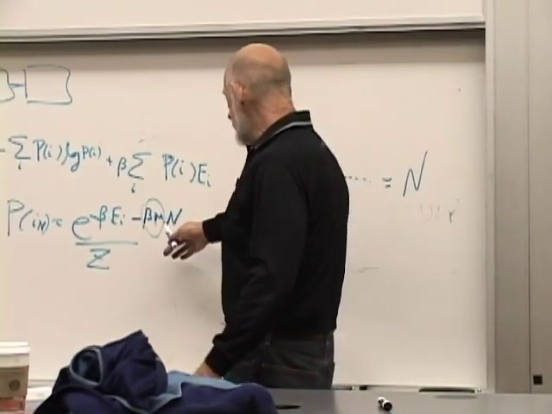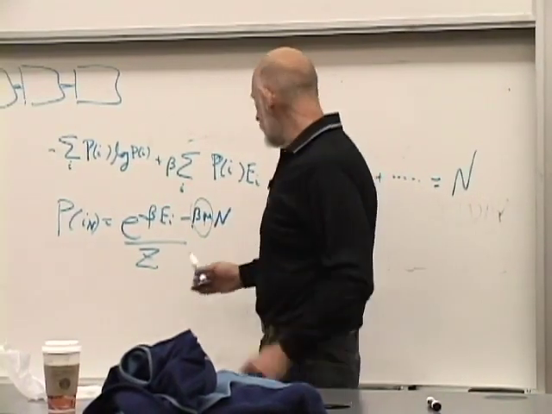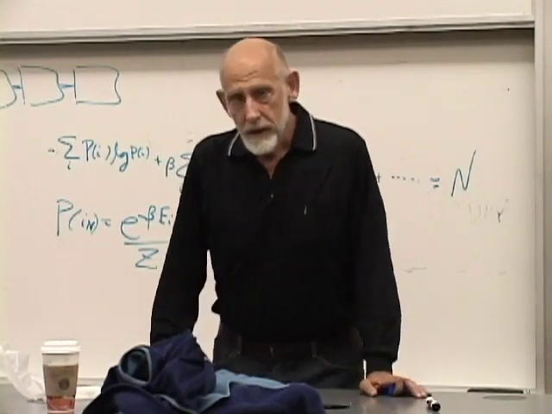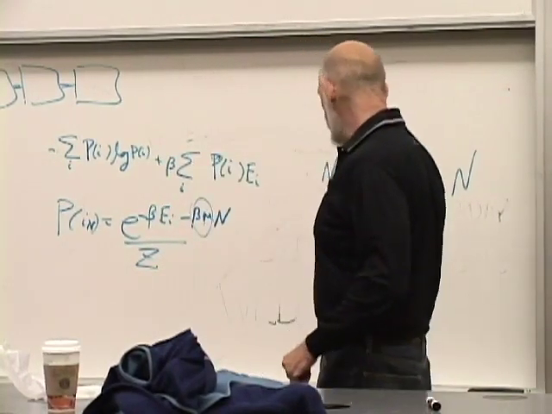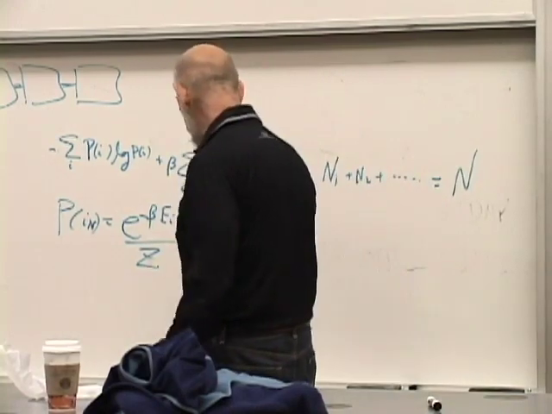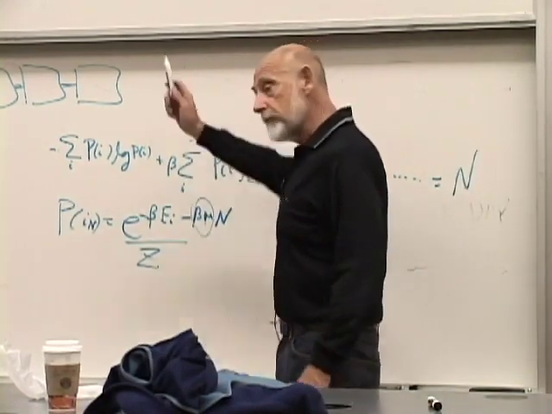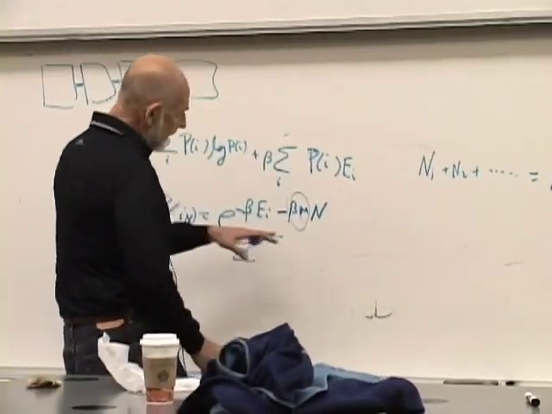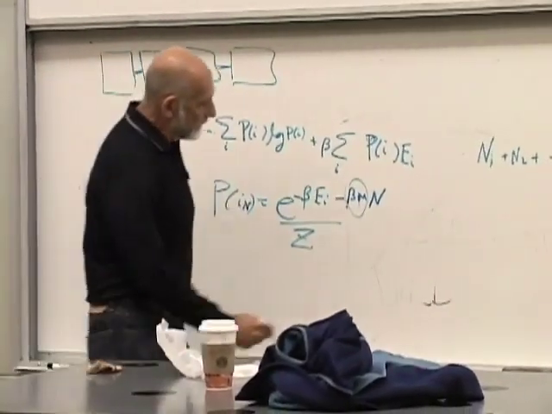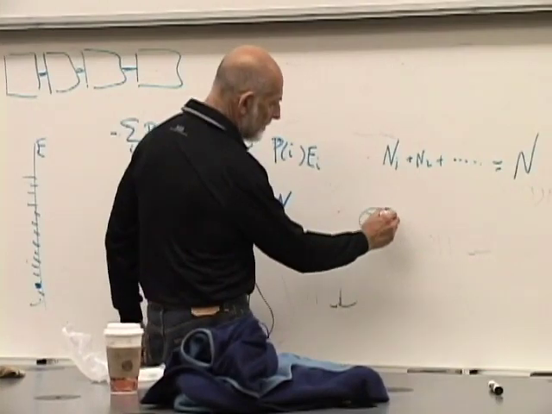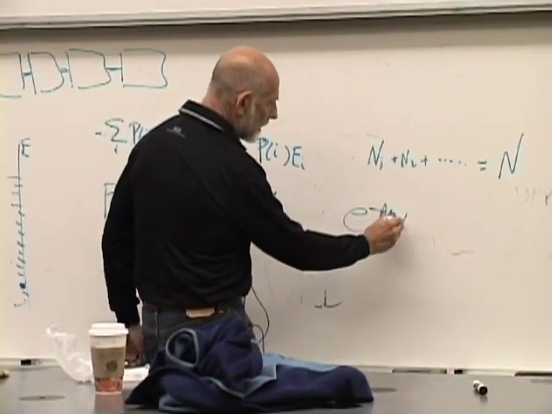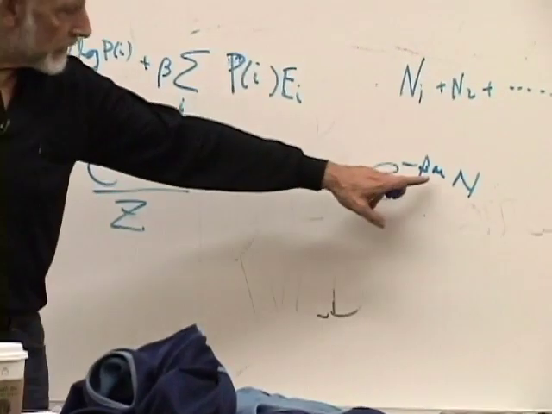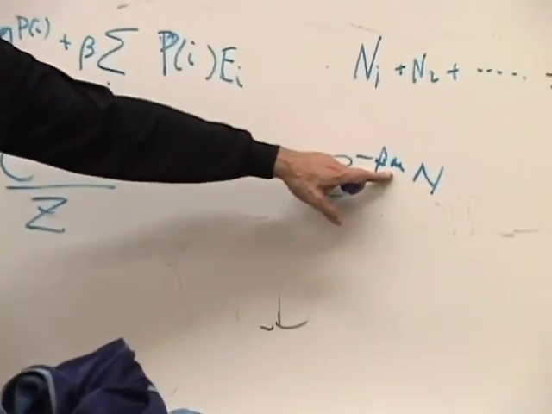Mu is the knob that you change to change the number of particles in the box. Right? Mu is the knob that you change if you want to change the number of particles in the box. And why is that? Well, you can see if the probability, let's forget this factor over here, goes as e to the minus beta mu times n, then the average number of particles in the box is going to be controlled by this mu here.